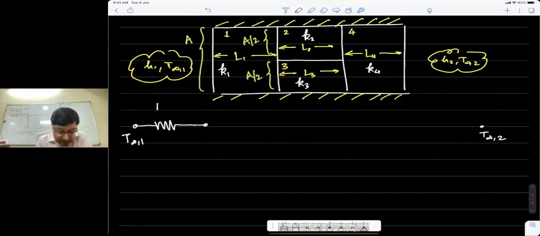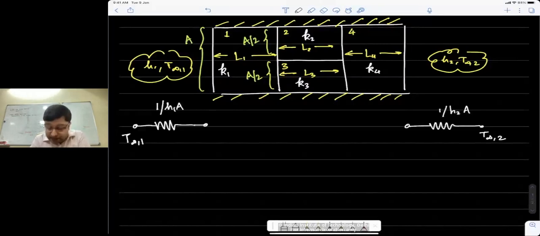This convective resistance is 1 by H1A, and similarly on the other end we will have 1 by H2A as a resistance. These are the convective resistances. Now what happens in between?